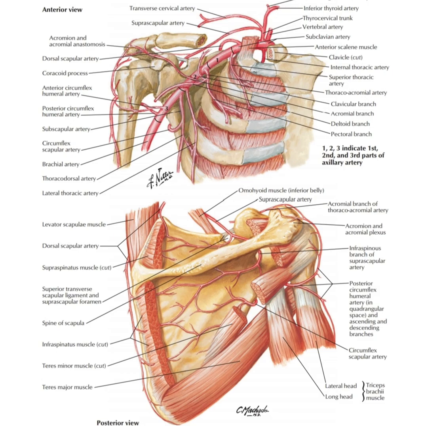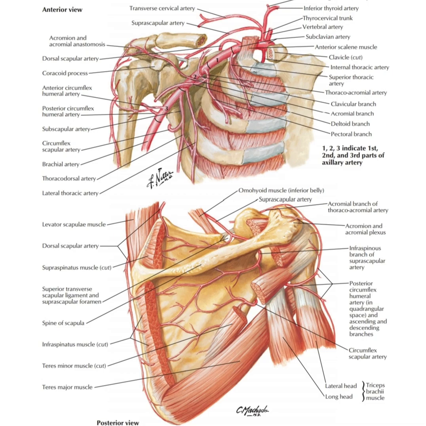The first part gives 3 branches: the vertebral artery, the thyrocervical trunk, and the internal mammary or internal thoracic artery. The second part gives rise to only 1 branch, the costocervical trunk, and the third part gives only 1 branch, the dorsal scapular artery.